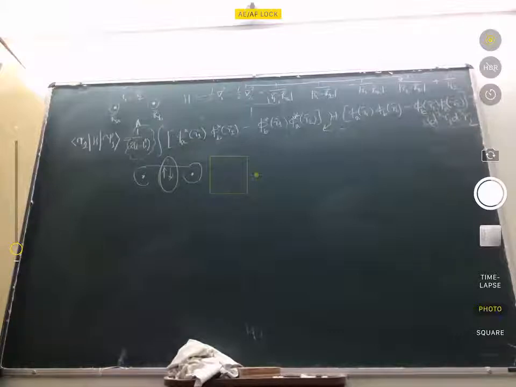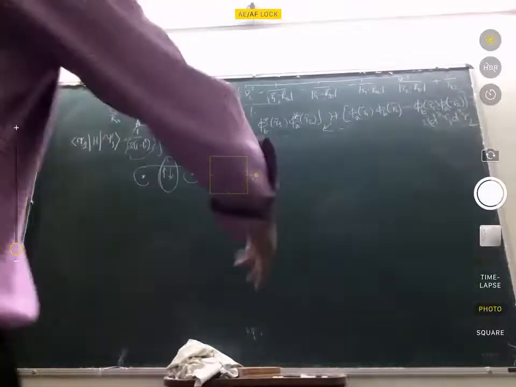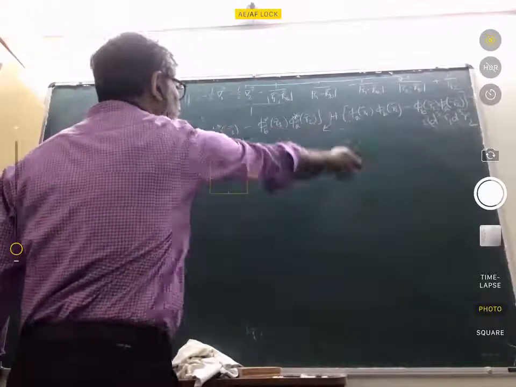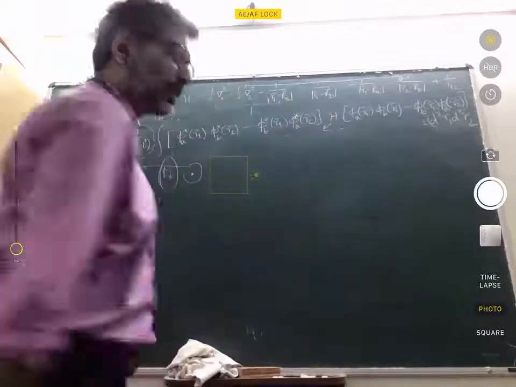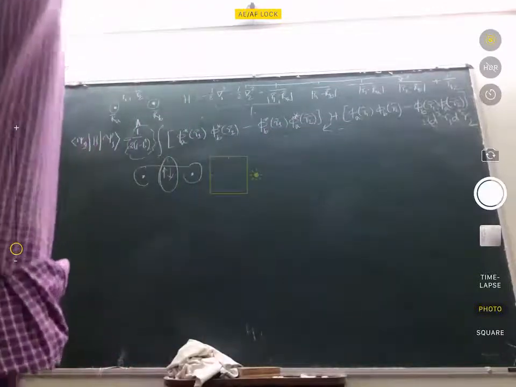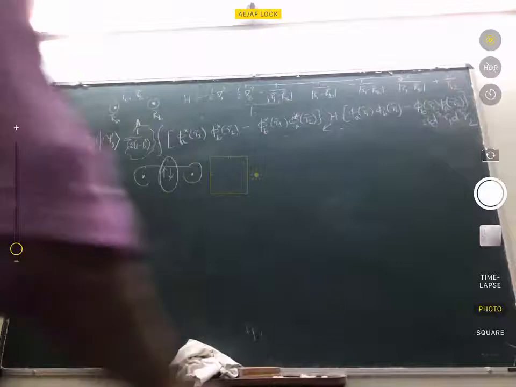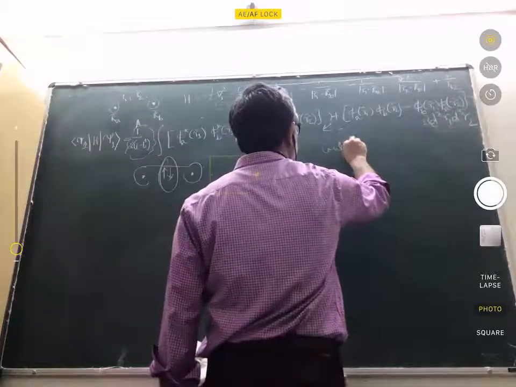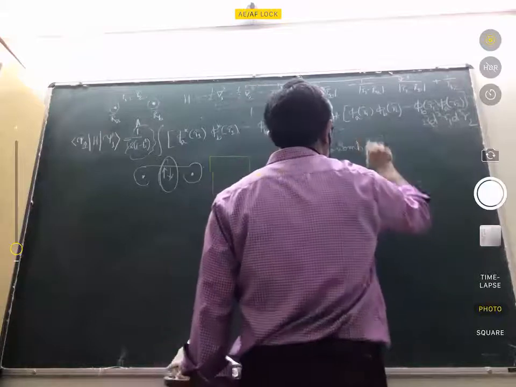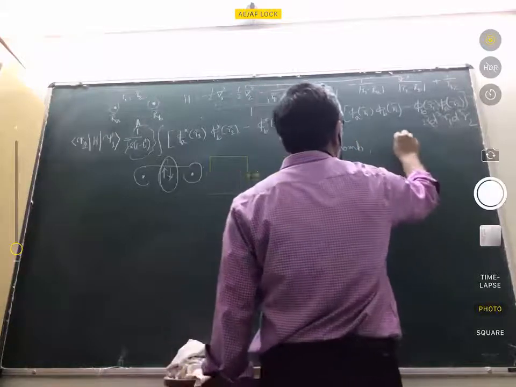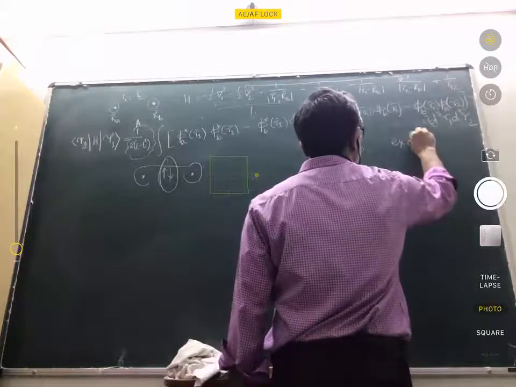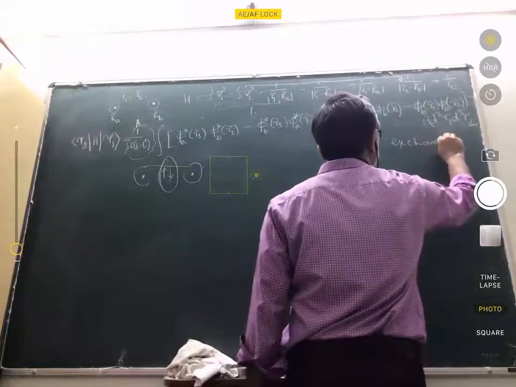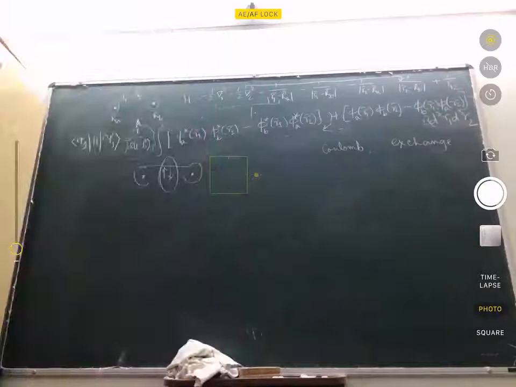So in such situations, we have to go beyond what we had when we calculated the expectation value of the Hamiltonian. The terms there are the Coulomb terms, which is just a classical charge-charge interaction, and the exchange term, which arises because of the antisymmetric nature of the wave functions.